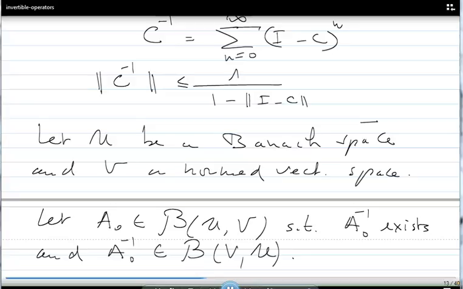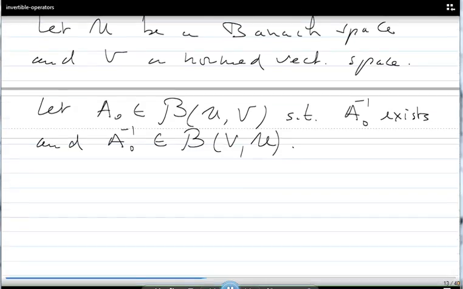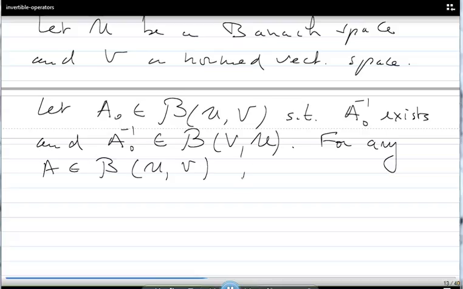So in this case, for any A in B(U,V), we have A0 inverse A, which belongs to B(U).